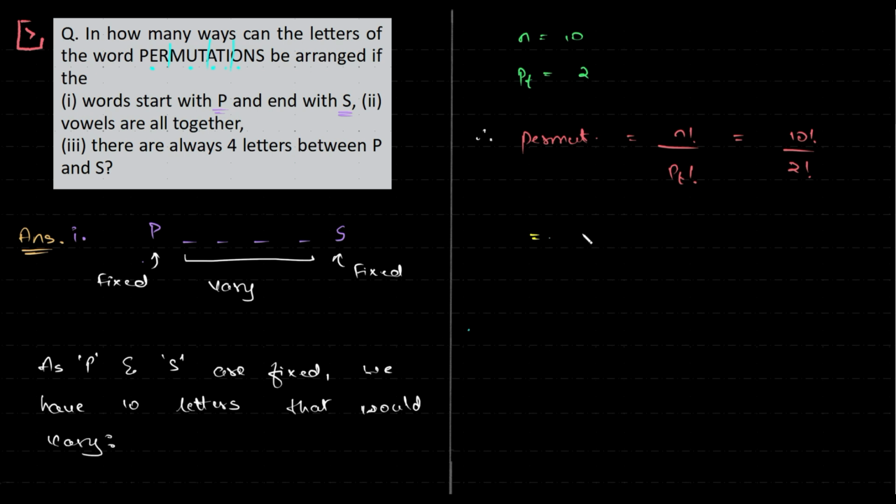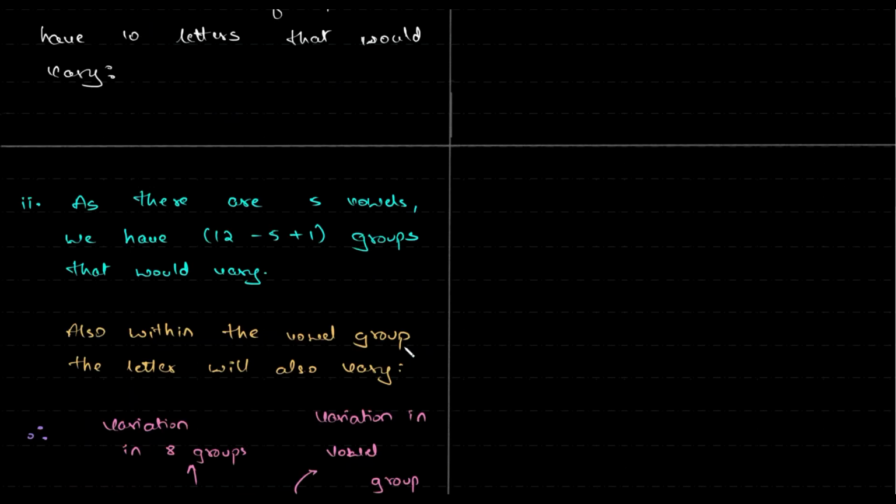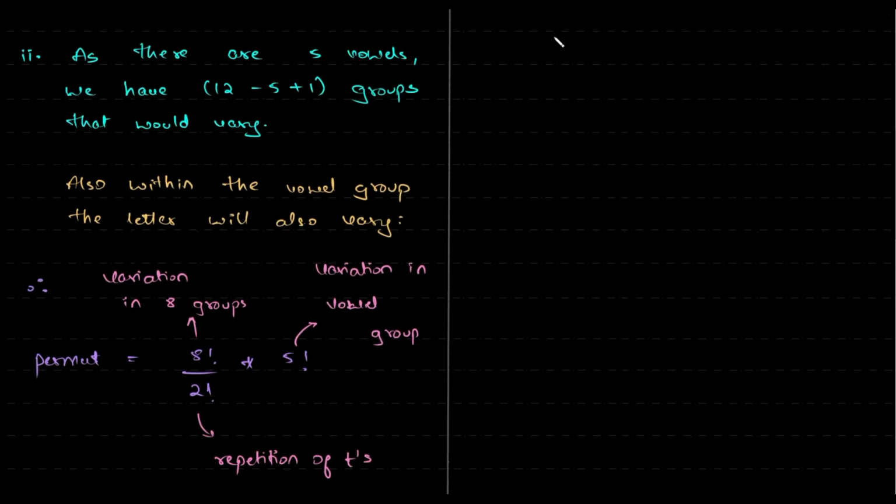So this is turning out to be 18144000. So we have, yeah, so many lakhs of possible words, and this apparently is 2419200 possible words.